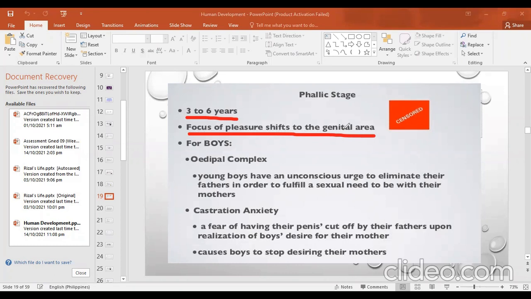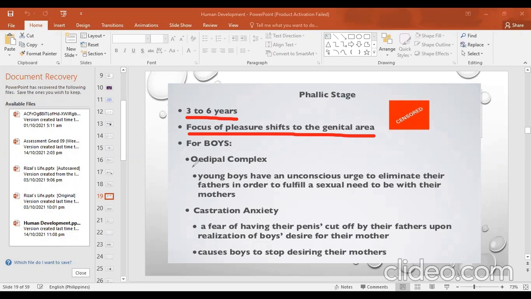And then in anal naman ay focus dun sa anus, toilet training, yung pagdumi. Now we have the phallic. So yung focus naman ng libido dito, shift naman siya into genital area or yung ari. So we will talk about kung ano ba yung pinagkaiba ng boys and also girls when it comes to this kind of situation.